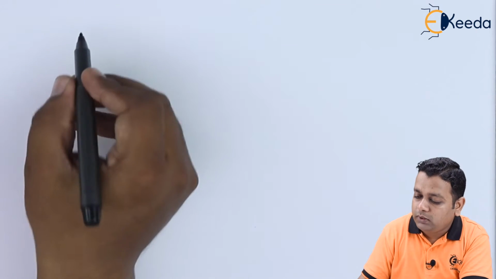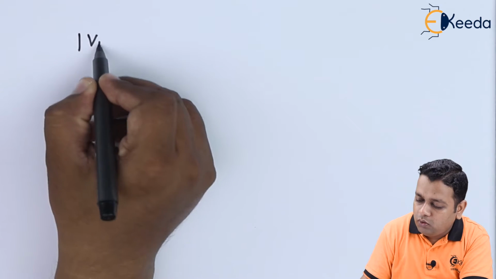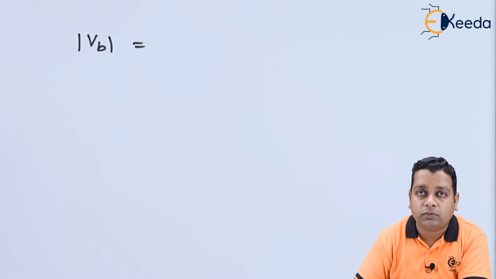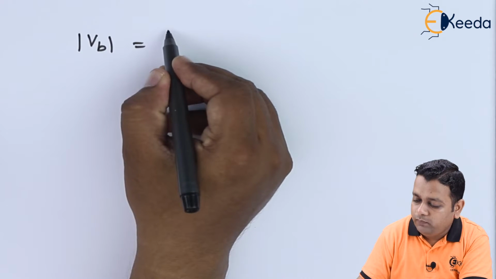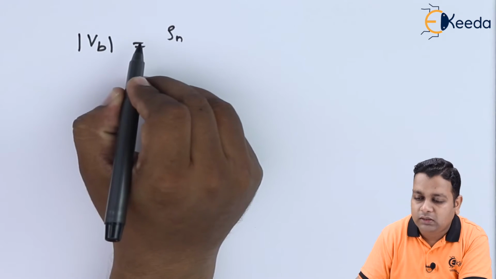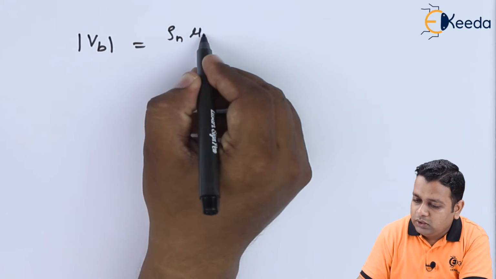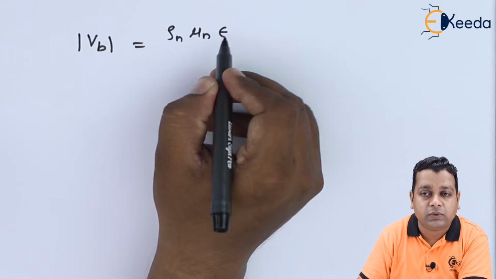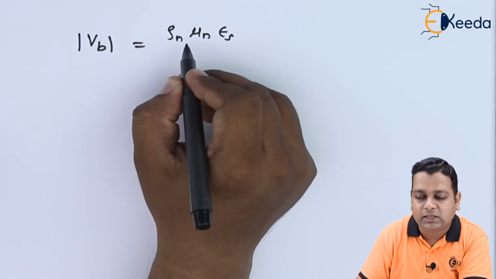Next to the equation for the multiplication factor with respect to the avalanche operation, we can express the breakdown voltage VB. We express the magnitude form, hence we represent mod of VB. So mod of VB depends on several factors. First of all, rho suffix n in multiplication with mu suffix n, again in multiplication with epsilon suffix s.